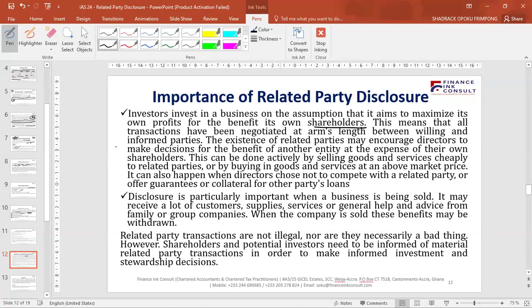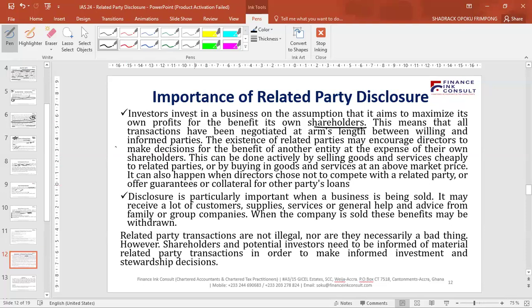The existence of related parties may encourage directors to make decisions for the benefit of another entity at the expense of their own shareholders. So if we give discounts, our shareholders will lose because at the end of the day, our profit will go down. And if our profit goes down, it's going to have an effect on the dividend that we'll be paying.